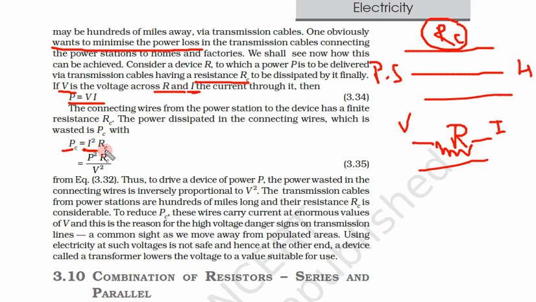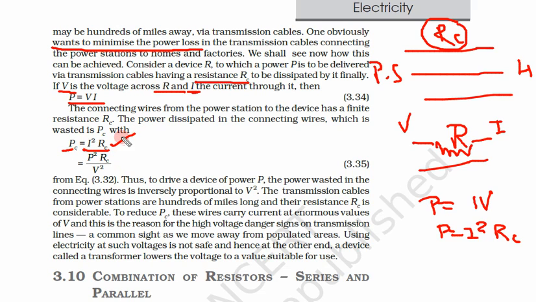PC is equal to I square RC, because we had seen P is equal to IV or P is equal to I square R. So the same current is flowing in this resistance because it is also connected in series. When connected in series, the same current flows in all the resistances. So current is I. Now the resistance is RC.